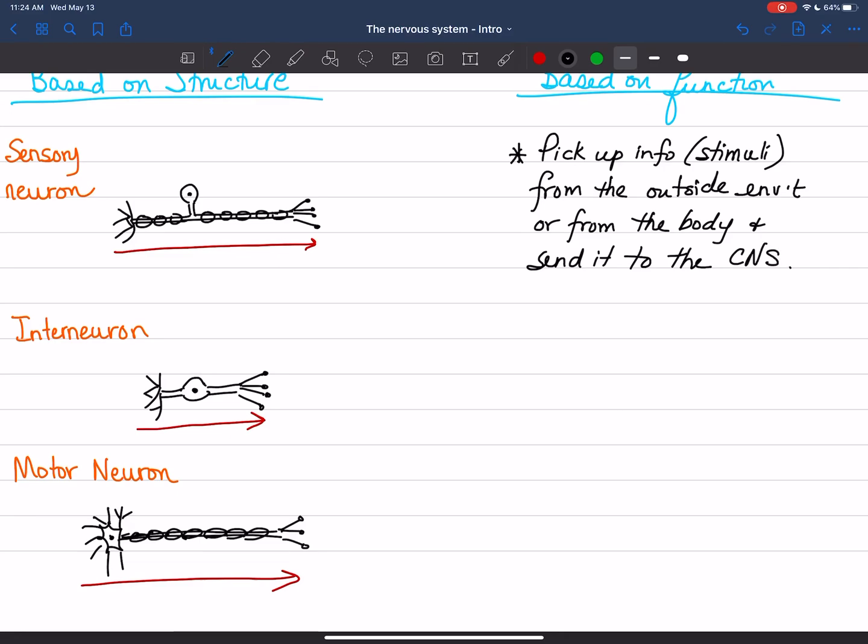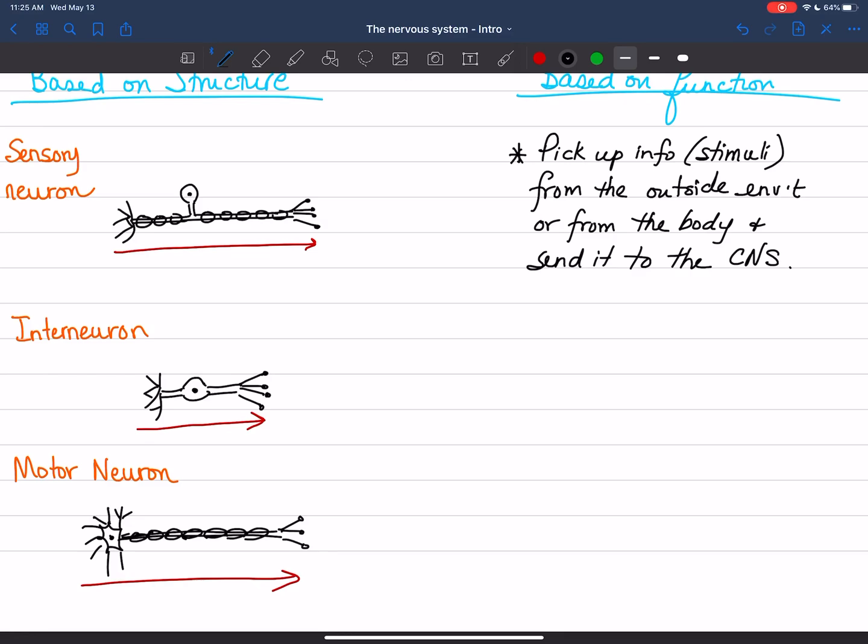And they send it to the central nervous system. They send it to the brain for interpretation, right? What do I do with this information? That's what the sensory neuron does. It picks up all that information and sends it to the central nervous system, okay?